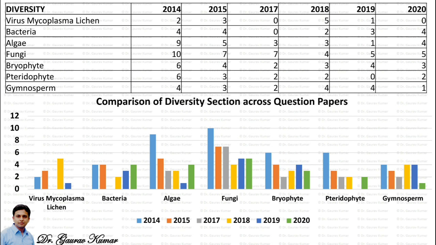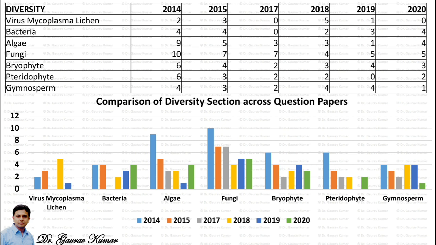In bacteria, apart from the phytopathology area, where there are various plant diseases that are caused by bacteria, most of the time they are asking about the cell wall structure of bacteria, the bacterial photosynthesis type, like sulfur bacteria, purple bacteria, and so on.